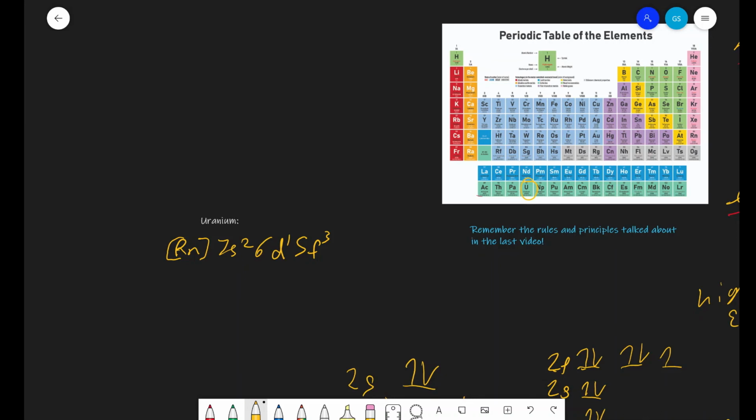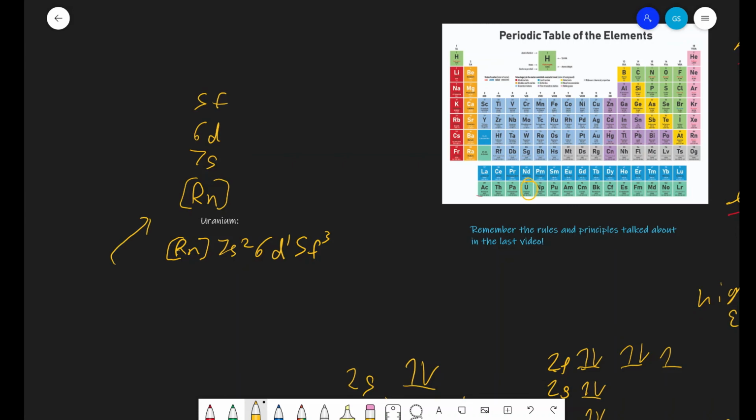You would have to write out every single energy level, and I think that's not really practical. Not even on a test are you going to be asked that, really, at least in grade 12 chemistry. So if you do get asked, hopefully your teacher is chill and will accept this. So you can write the abbreviated notation, and then you can put the rest. So 7s, 6d, 5f.